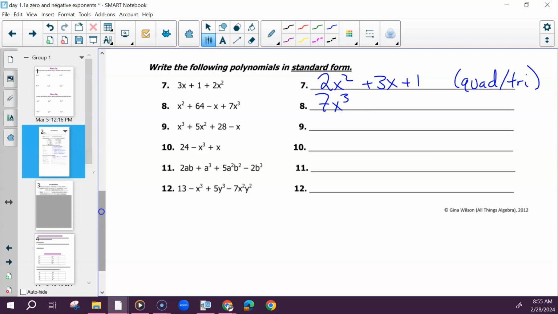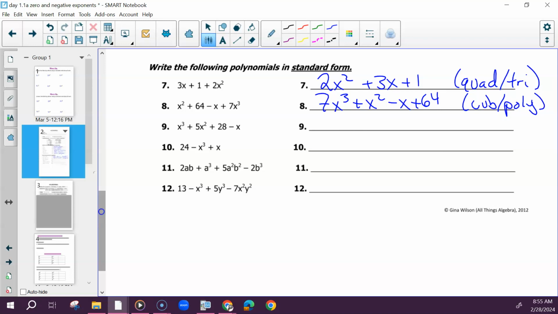And then the x squared, and then minus x, and then 64. So we found this is cubic. What is the number of terms? Polynomial. So 4 is a polynomial, yes. Alright, let's get 9 because that would be similar.